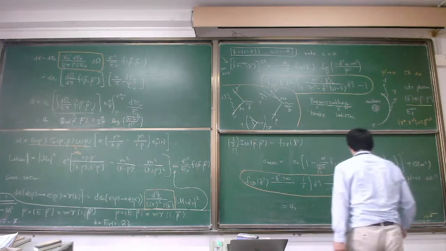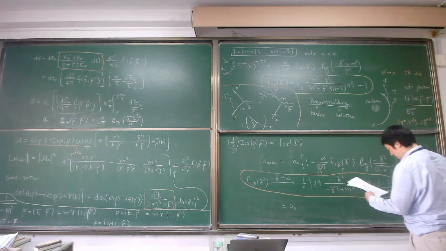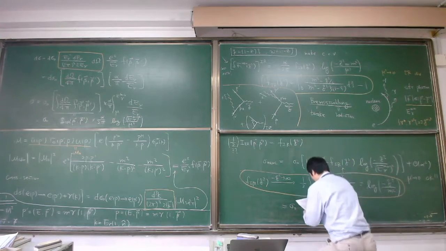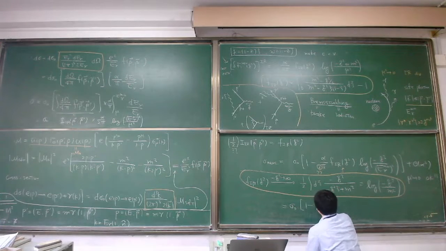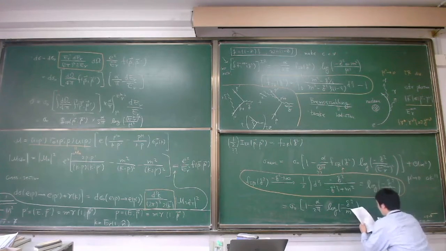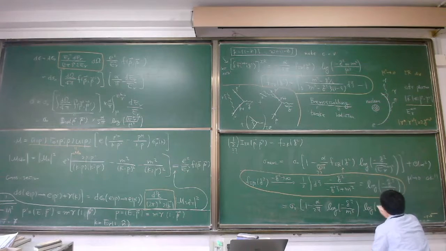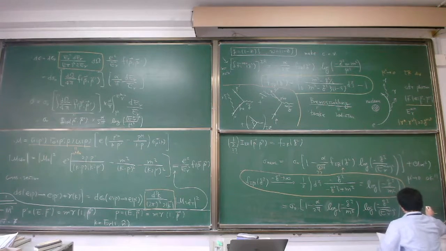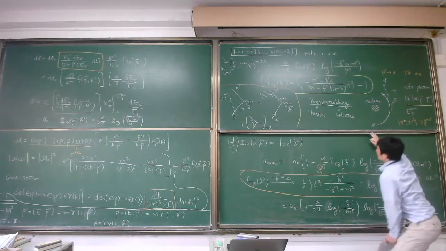It would be nice if some brilliant student can identify where the factor of 2 problem is. 1 minus alpha over pi or 2 pi becomes log of minus Q square over M square, and then log of minus Q square over E mean square over M square, plus order alpha square.